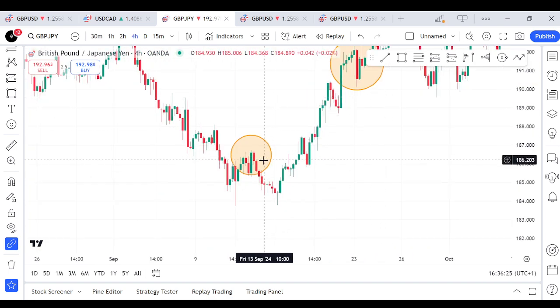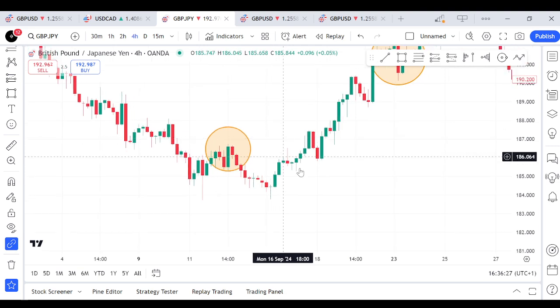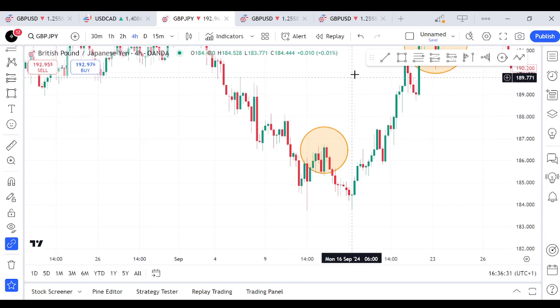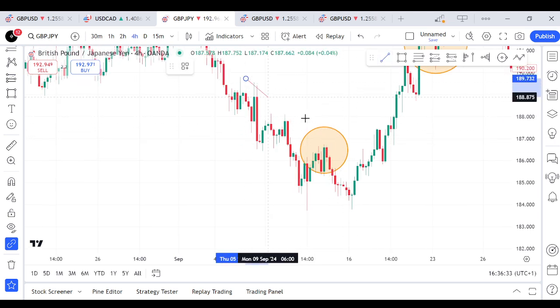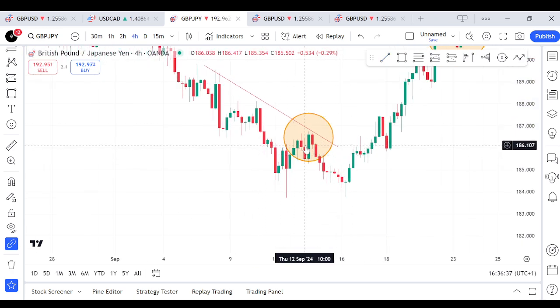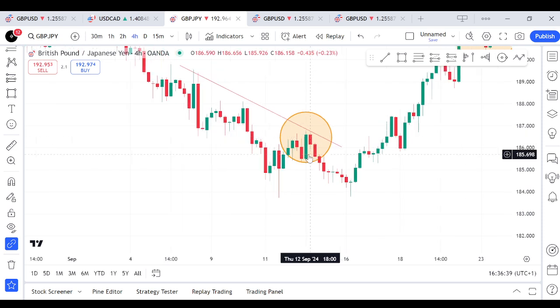After that, you can see we were bearish right here, price giving us this, and as we tapped into this trend line, you can see this bearish harami pattern here.